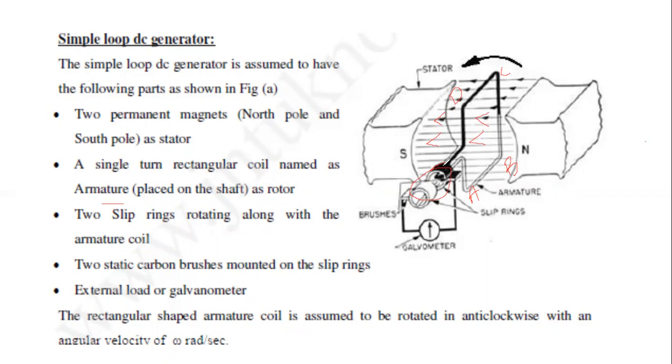The purpose of the slip rings is to rotate the conductor, and the purpose of the carbon brush is to collect the current. This is the basic construction of the DC generator working principle diagram.